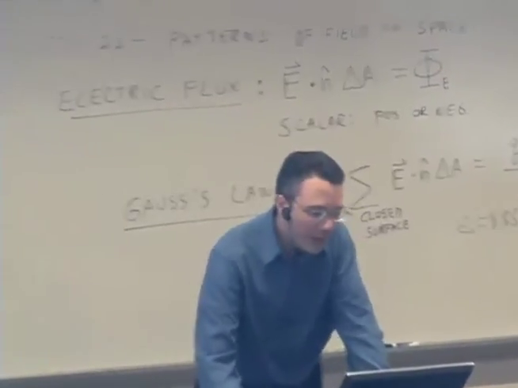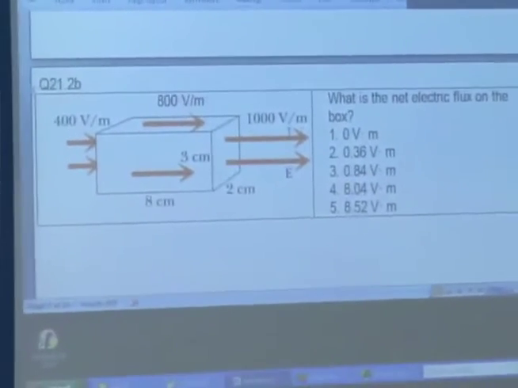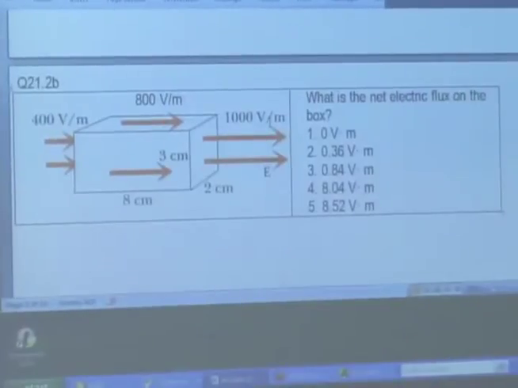Okay, so here's kind of an arbitrary example, but let's say we have over the right side of this box an electric field pointing to the right, magnitude 1,000 volts per meter. Top, bottom, front, and back, let's assume the electric field is the same over those surfaces, 800 volts per meter, again pointing to the right. And on the left side, the electric field is 400 volts per meter, again pointing to the right.